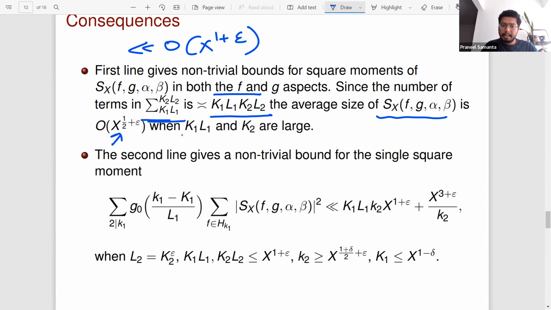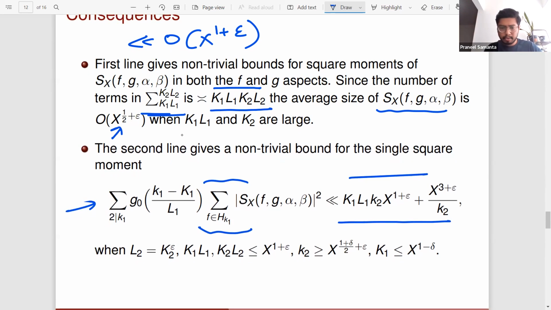Recall that in that term, both f and g were changing. Now I'm just averaging over one form, just f. If I completely ignore my g, I get this bound, which is a new and non-trivial bound. So this is also really good for us.